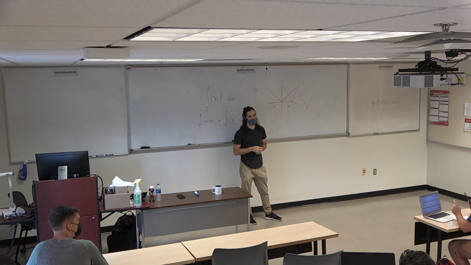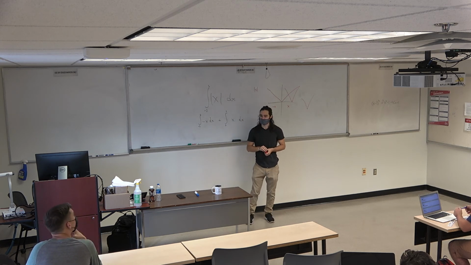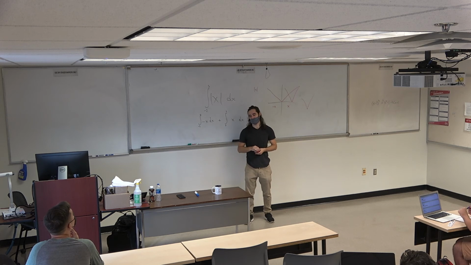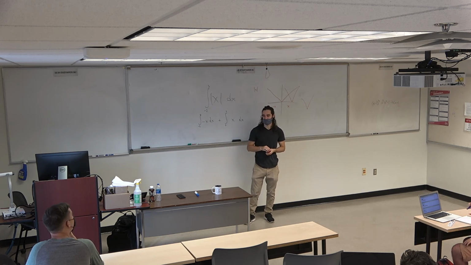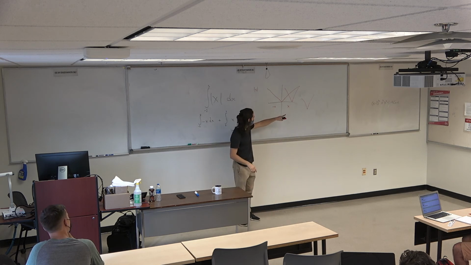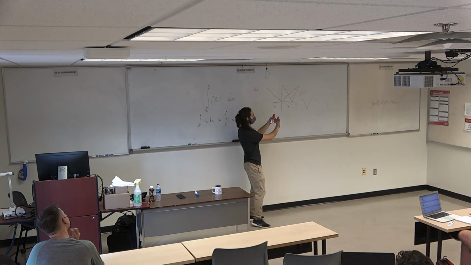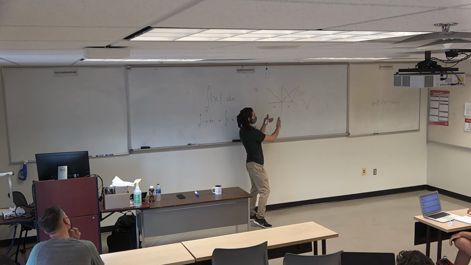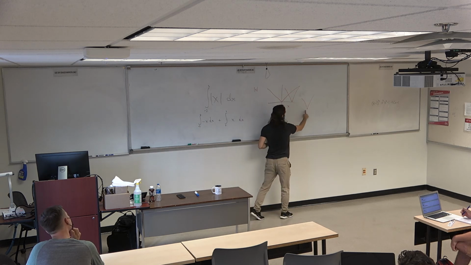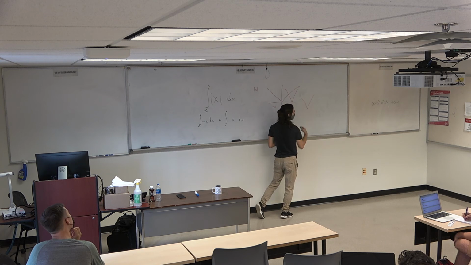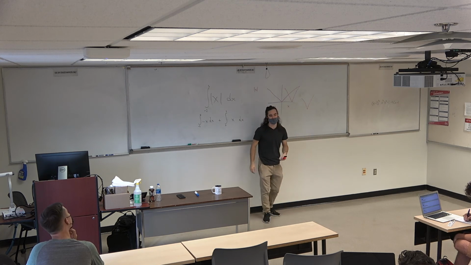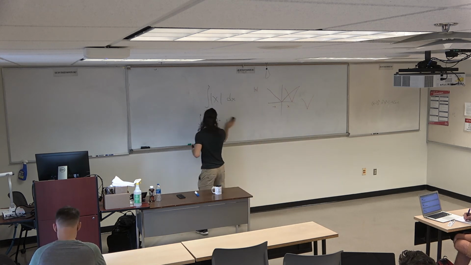The machinery of calculus only works when everything is nice and smooth. And if there's a sharp corner like that, you have to do some surgery: you can handle this and you can handle that, but then you have to figure out how to put them back together.